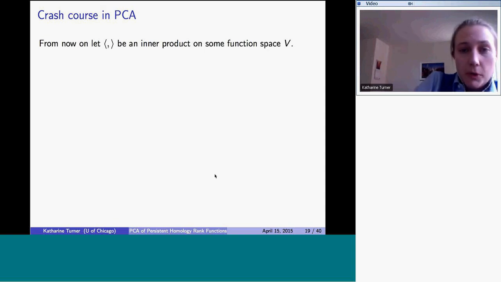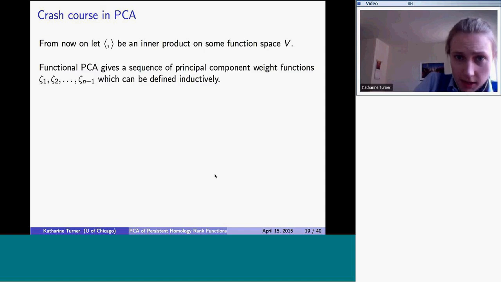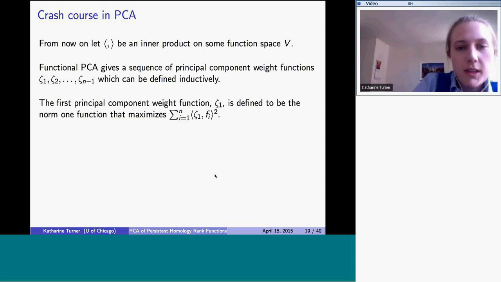So we have an inner product on some vector space. Okay, PCA finds a set of principal component weight functions which will basically describe a basis for the best subspace that you could project things onto. Define these principal weight components inductively. The first one will maximize the variance that you would get if you projected onto that line.